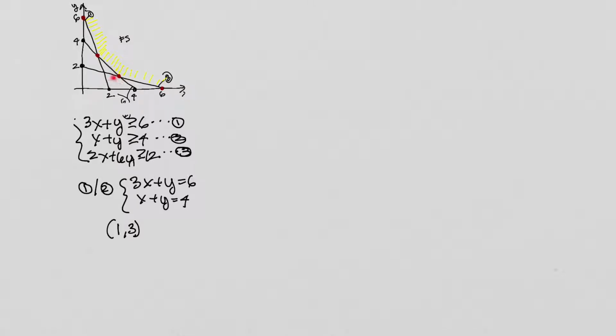Now, to get this point right here, we see that that is the intersection of line 2 and line 3. So we're going to solve the system with line 2 and line 3, and if we apply Gauss-Jordan, as we did in chapter 2, we're going to get x is 3 and y is 1.